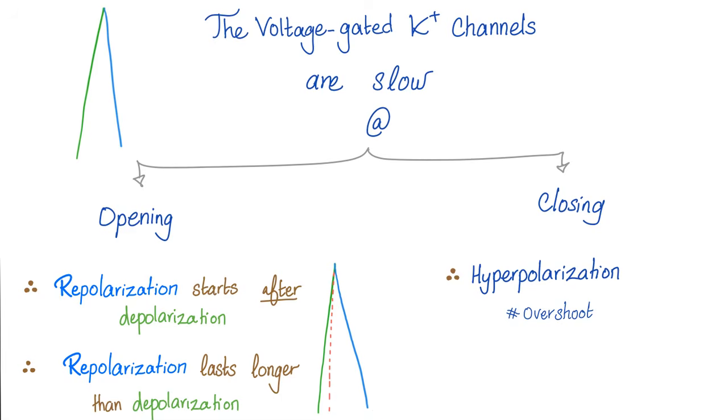It takes longer. This channel is also slow at closing, and that's why we overshoot. That's why potassium efflux continues past the negative 90 millivolts until we reach negative 100, and then we gotta bring it back to negative 90 through another channel known as the inward rectifying.